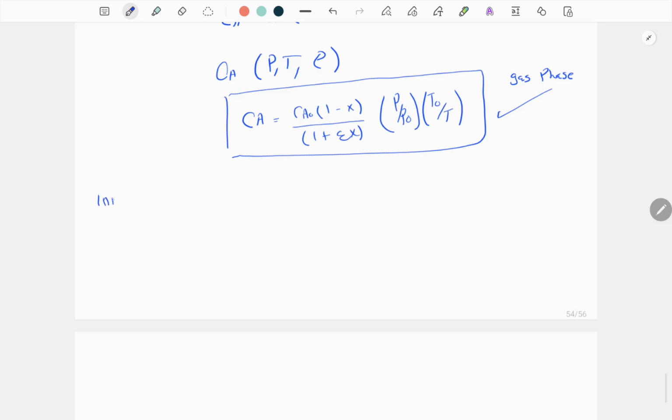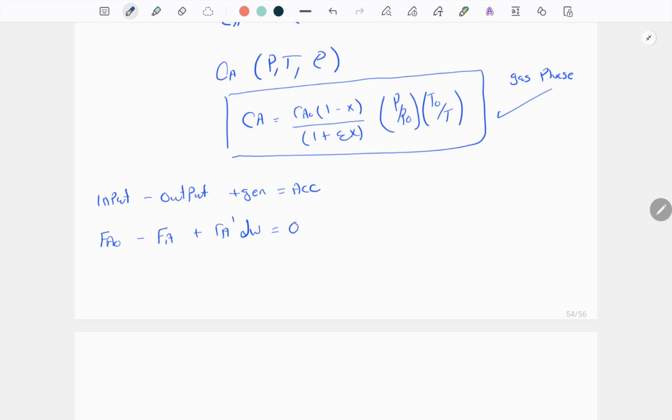So let's go ahead and start that. We'll always start with input minus output plus generation equals accumulation. The input is the moles flowing in minus the moles flowing out. Generation is rate of reaction prime, RA prime, which signifies that the rate of reaction is in terms of mass, not volume. The mass is the mass of the packings or the catalyst times dW, change in mass of the packing or the catalyst.